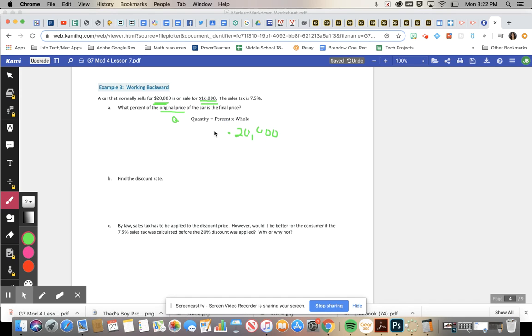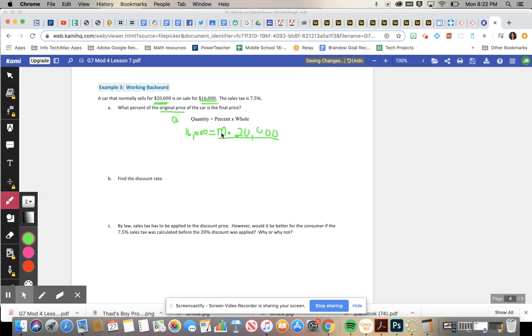Times our percent, which I'm just going to put M here for now, equals our quantity, which is 16,000. Okay, and to solve for M, to figure out our percent, I have to divide.